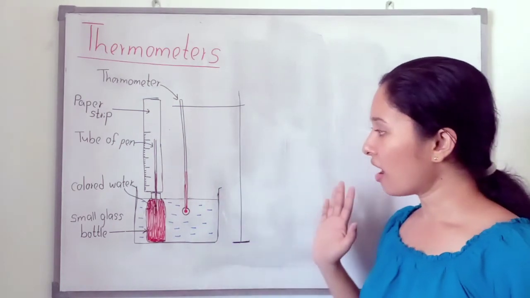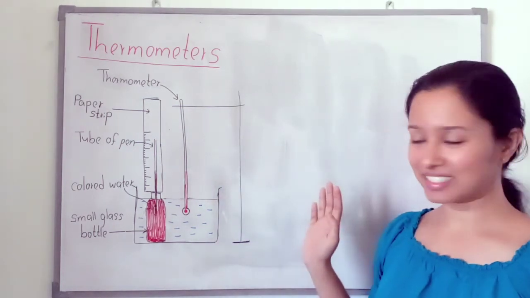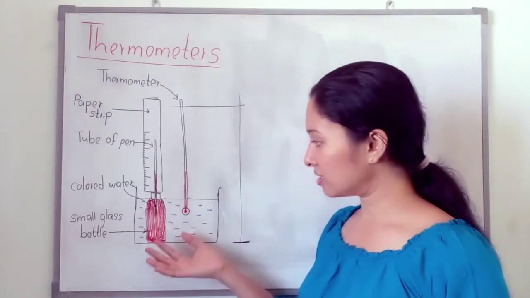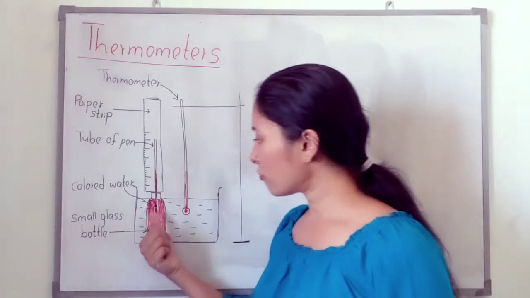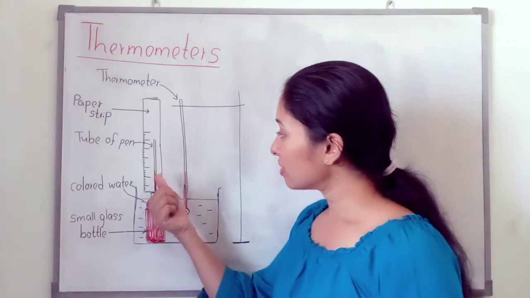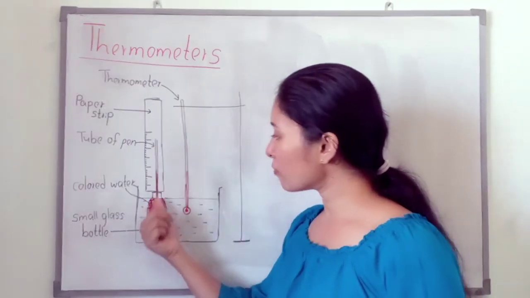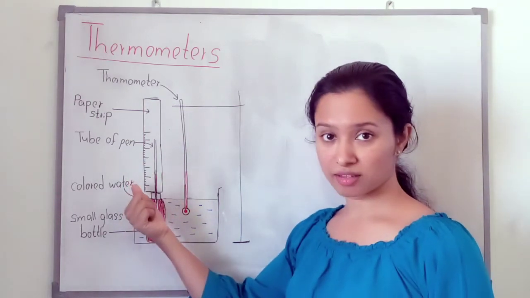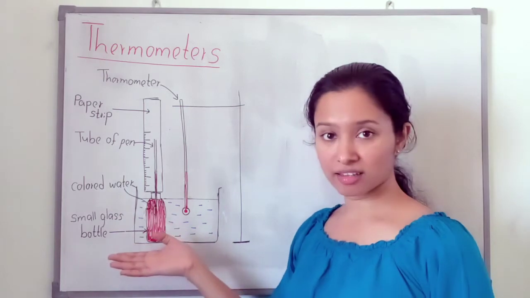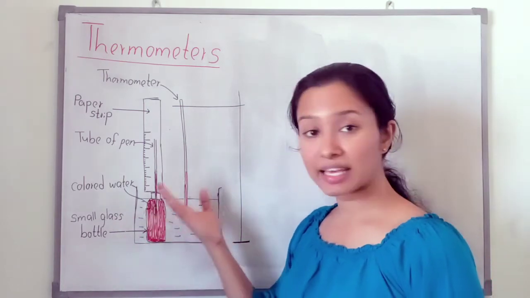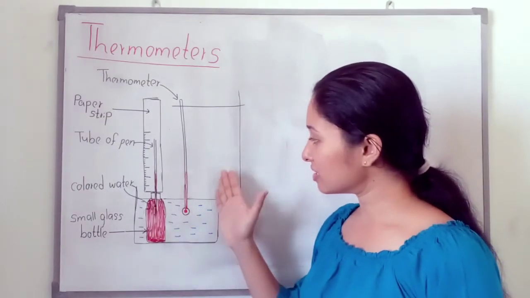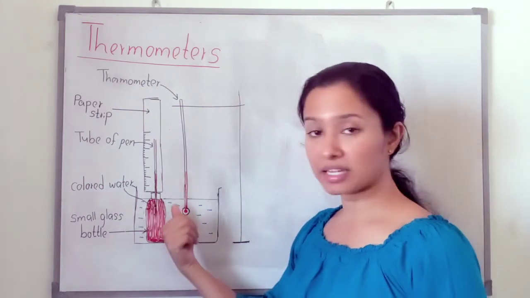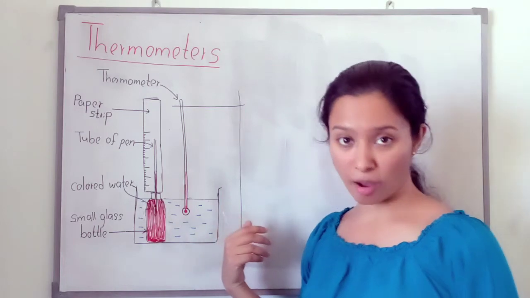Now, what will happen? Here we are heating the water. Because of the heating, the column of colored water will go up, because the temperature is increasing here. We can see the column of the thermometer also goes up.